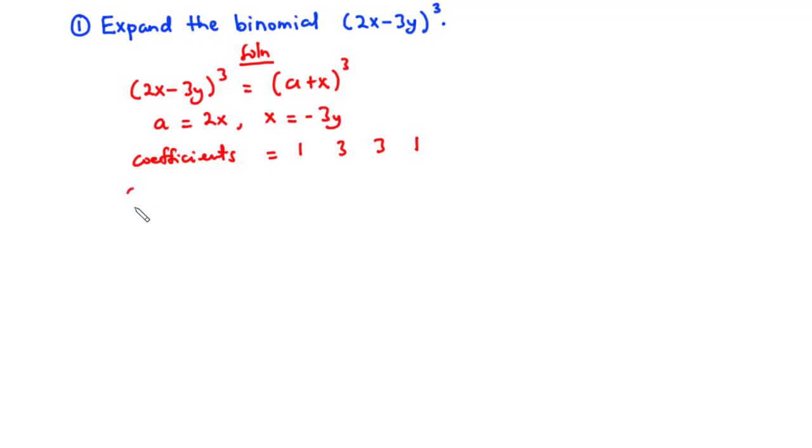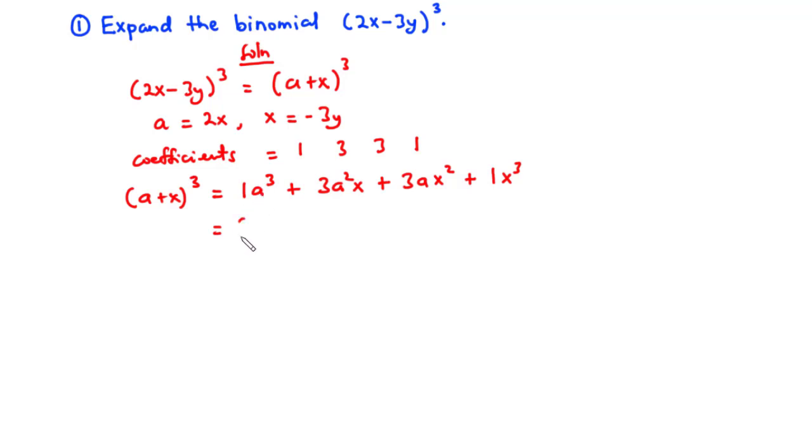So we can find the expansion of a plus x to the third power as 1a cubed plus 3a squared x plus 3a x squared plus 1x cubed. Now that we have the expansion of a plus x to the third power, let's substitute a and then x into this equation. So this becomes, we can leave out the 1.